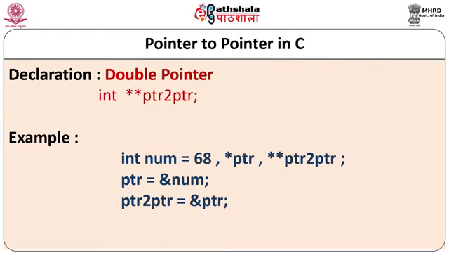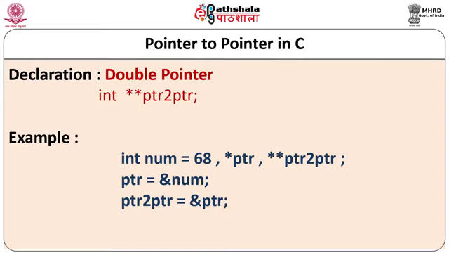Let us see how double pointers, or pointer to pointer, are declared in C language. This slide explains how double pointers are declared in C language. You can see the syntax of a double pointer: int **ptr_to_ptr means pointer to pointer.